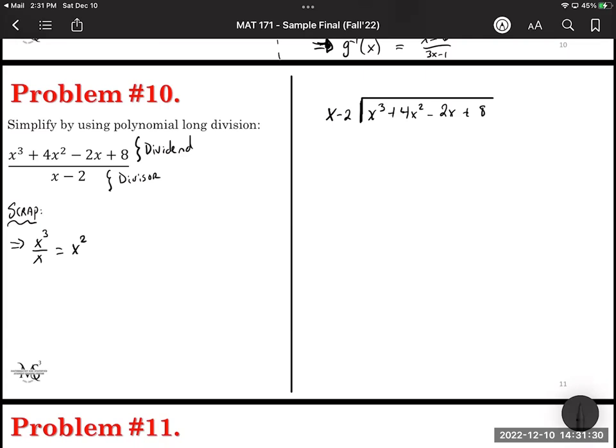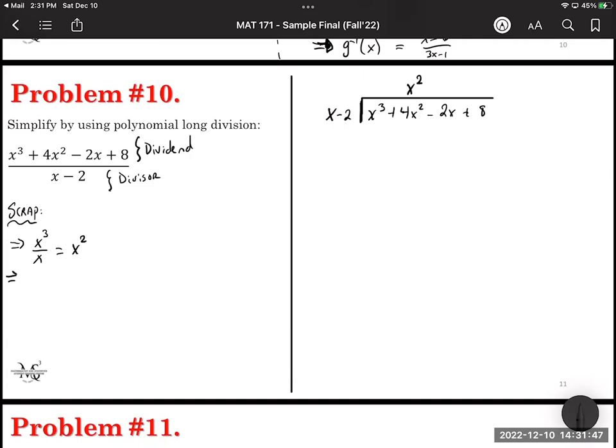So the x squared is the number of times that x can go into x cubed. I write it above the 4x squared. I keep my powers, my degrees, aligned. All right, so now I do some math.